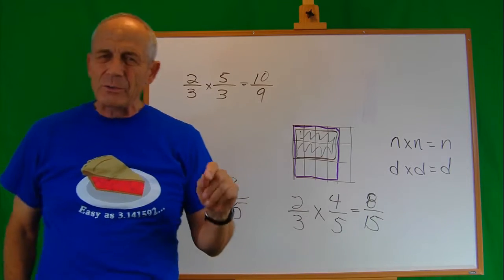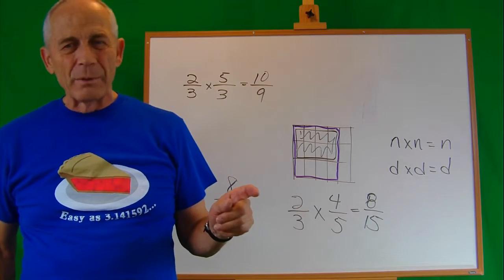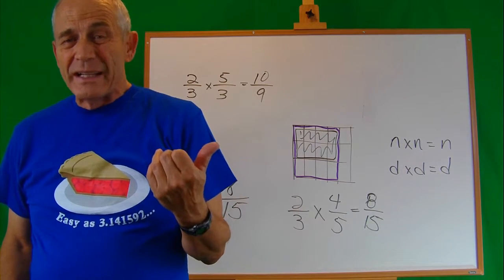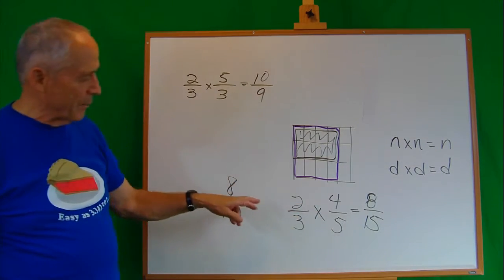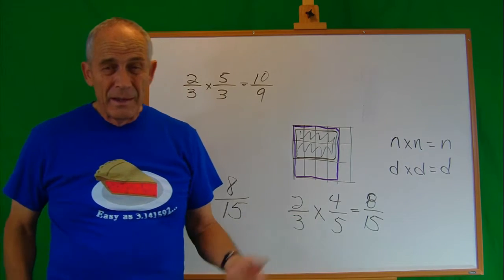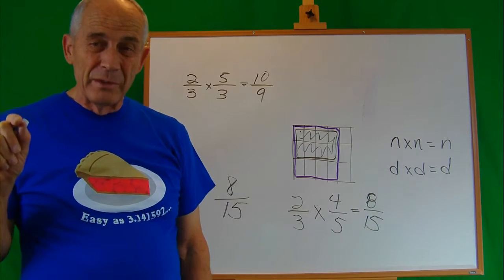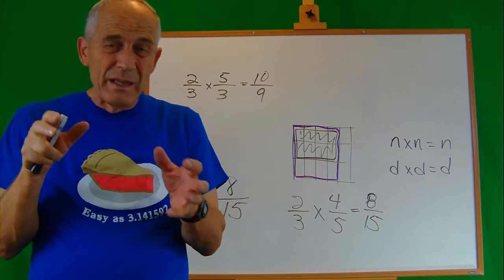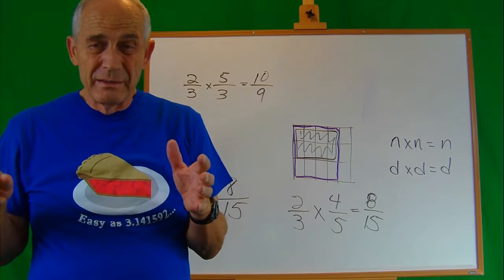Now, the reason you don't need to have the same denominator when you're multiplying is because in a real sense, you're not dealing with two different things. If you look at what we had before, we talked about 2/3 of 4/5. The only real thing that I was dealing with there was the 4/5. That 2/3 that was mentioned there just tells me that I want a certain part of that, 2/3 of it.